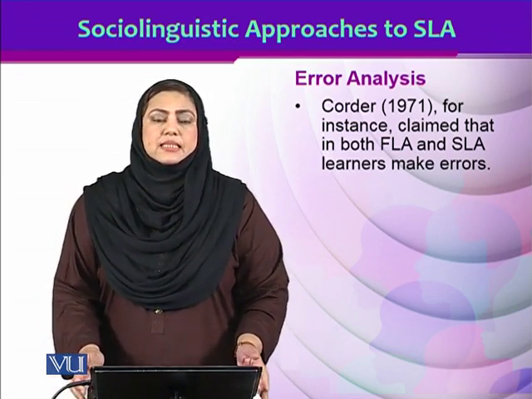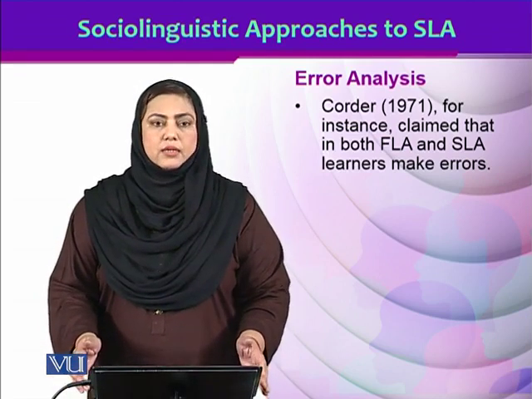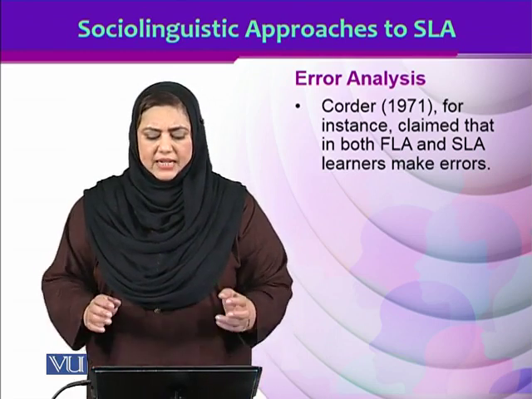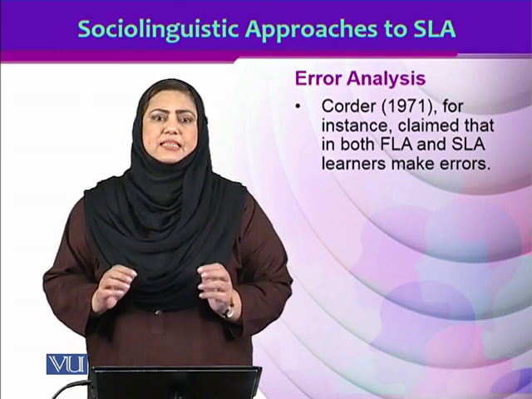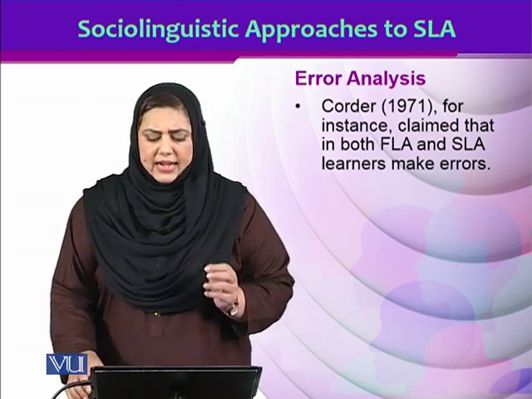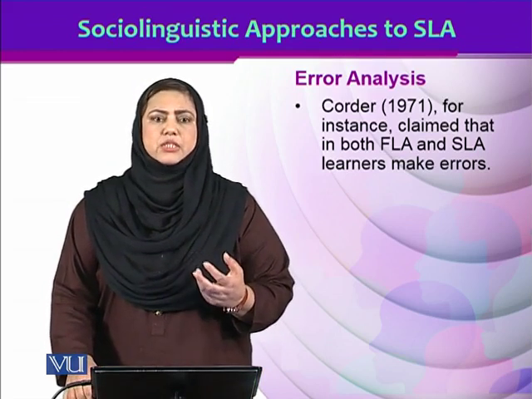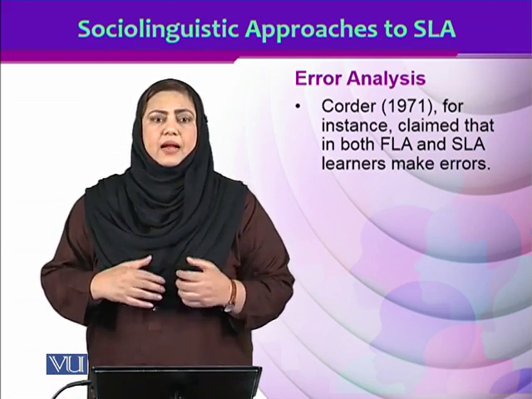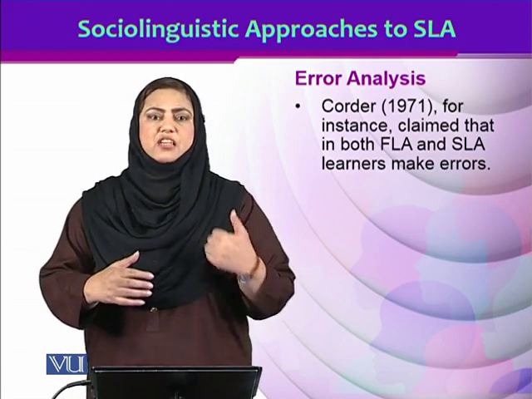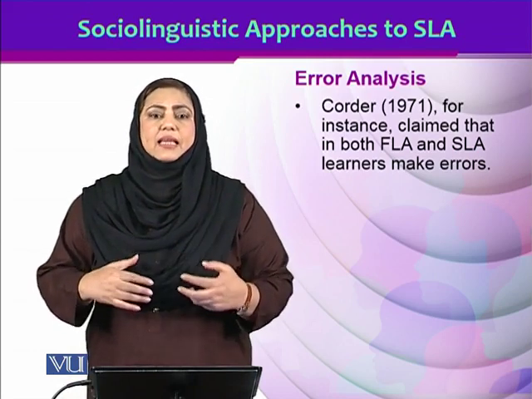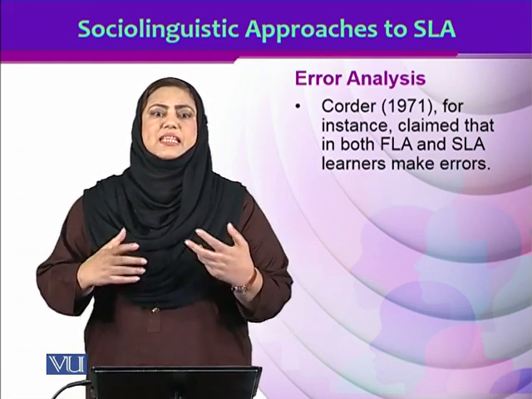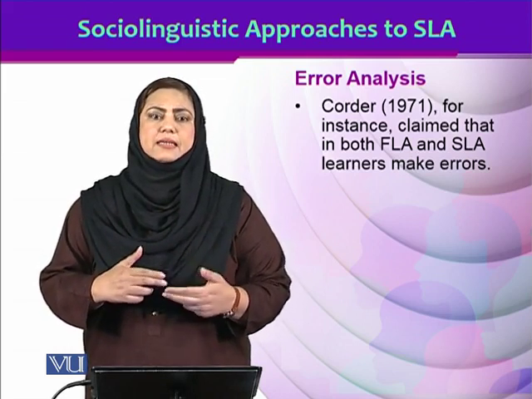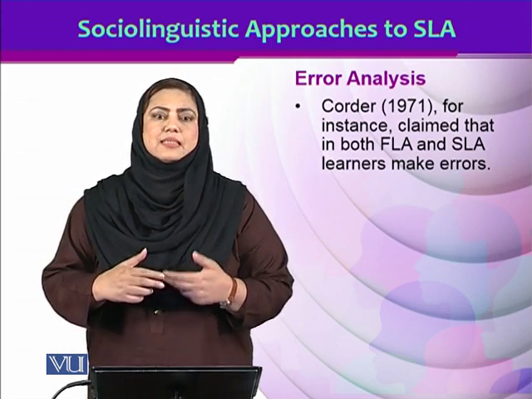It was in 1971 that Corder, whose full name is Pit Corder, claimed that in both FLA, first language acquisition, and SLA, second language acquisition, learners make errors. According to this approach, in contrast to the previous one, making errors was considered a sign of learning, because it is through trial and error that learners learn a language.